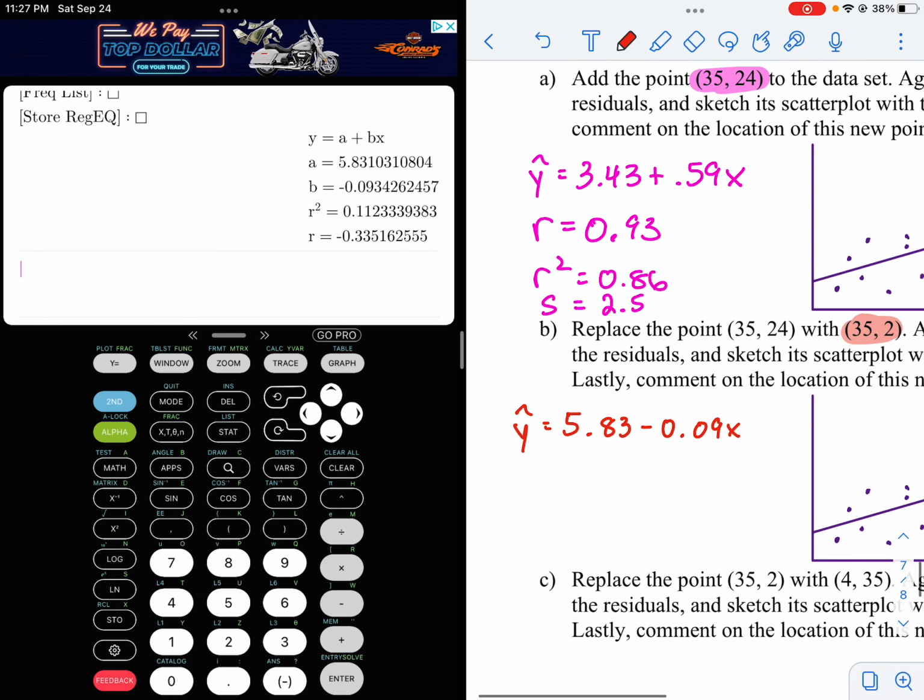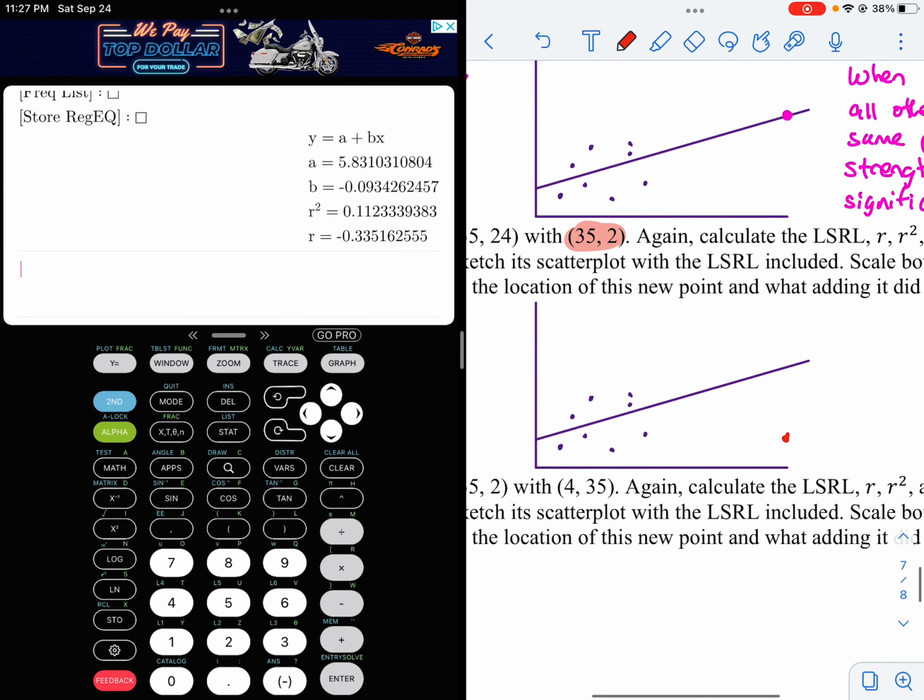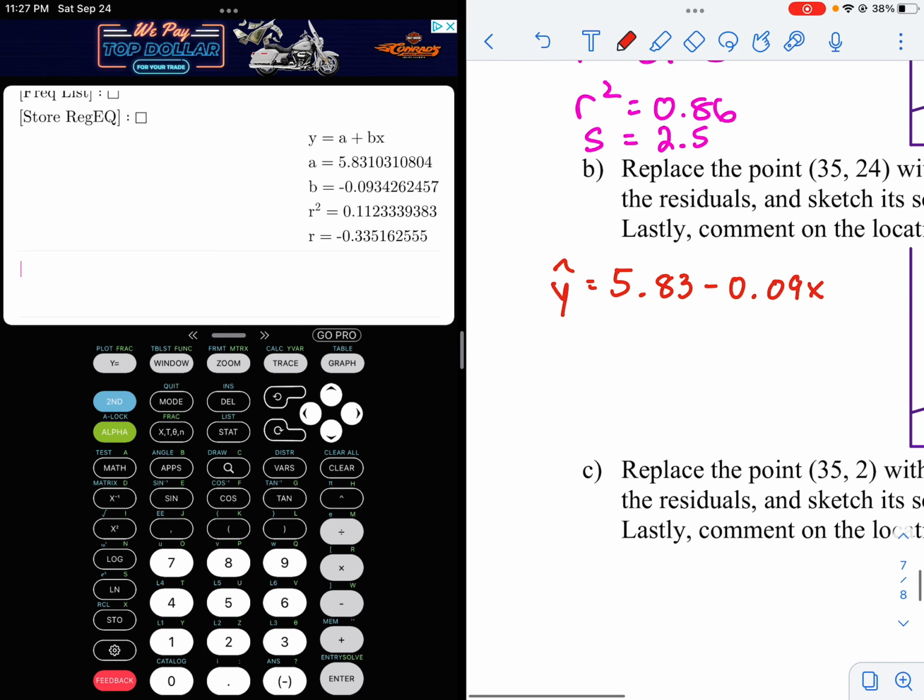So notice the y-intercept increased. The slope obviously decreased. And that should make sense because now we have to try to bring this down in order to get to this red point. Well, in order to bring that down, to balance it, this side would have to come up. That's my y-intercept. So my y-intercept increases while my slope decreases.